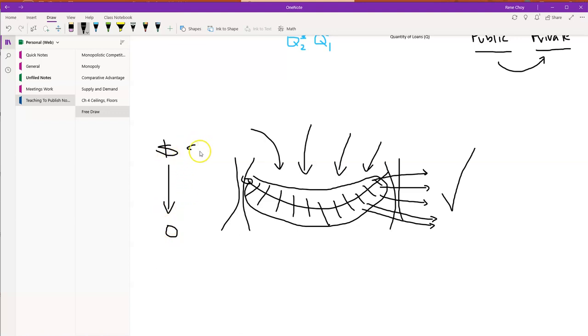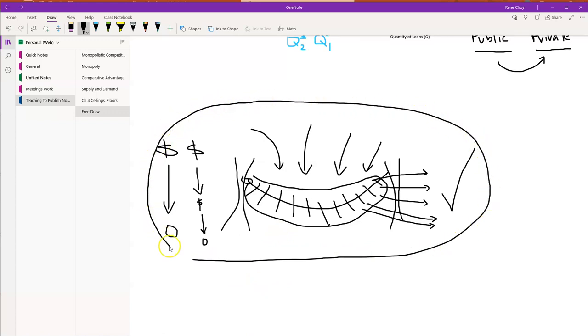It goes from something to less than something, but not all the way down to zero.